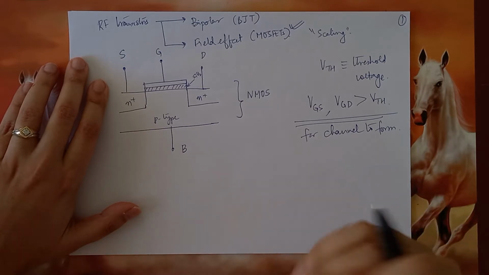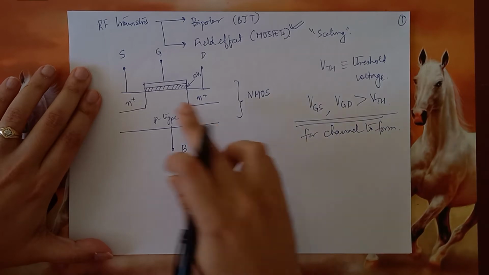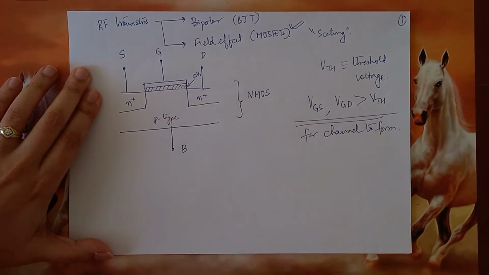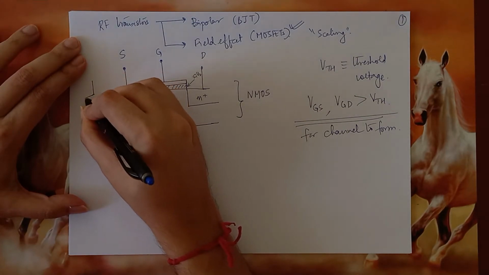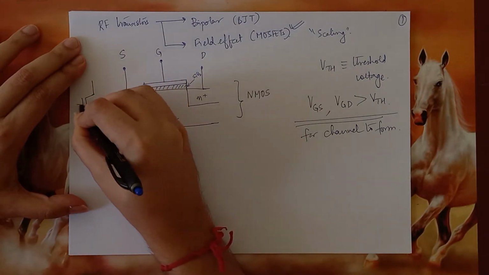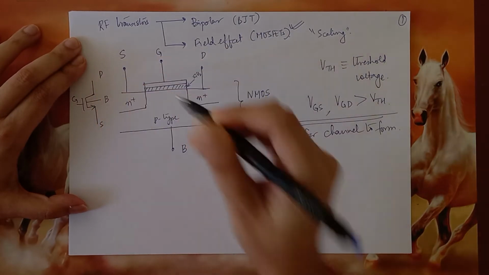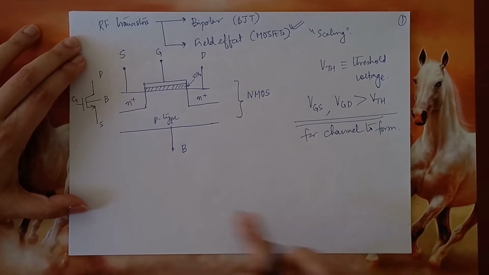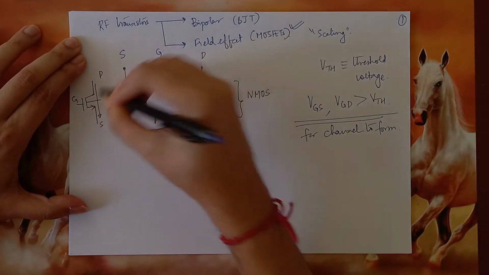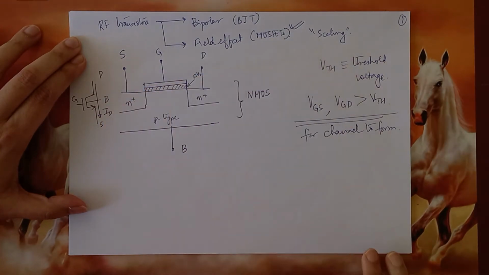Now there are various characteristics of our MOSFET which you may be familiar with. Before we discuss those, the symbol for a MOSFET is like this: gate, drain, source, and body. So by controlling the gate voltage, we can control what is the current that flows from the drain to the source, and that current is called as the drain current ID.